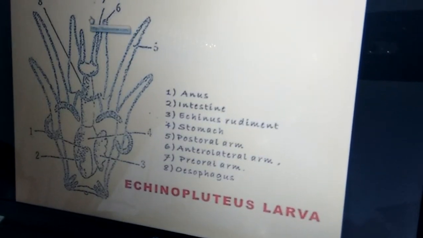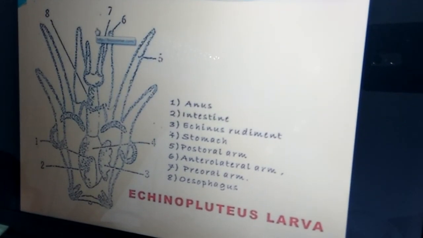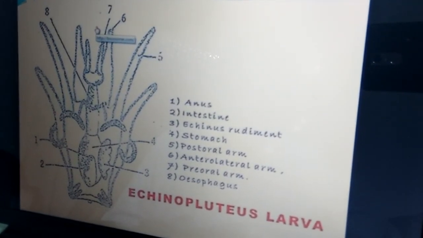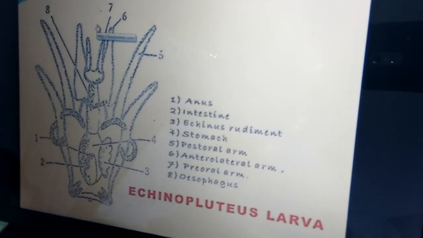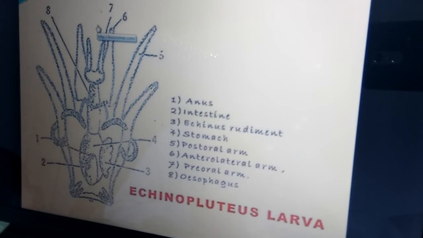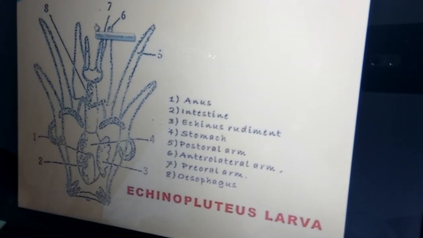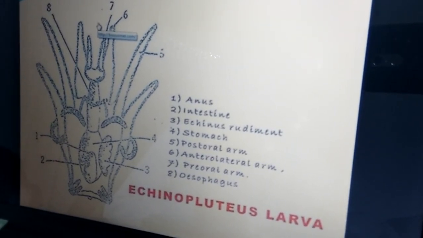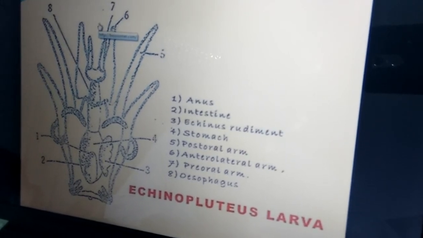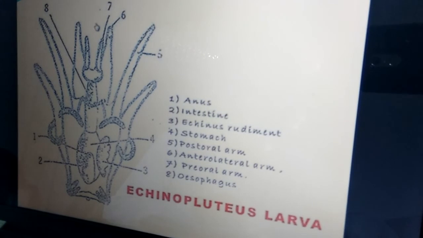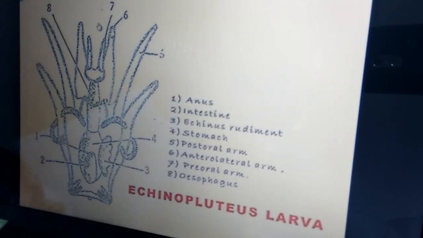Next larval form is the Echinopluteus larva. Echinopluteus larva is a microscopic free-swimming larva of the class Echinoidea. This larva shows ciliated bands which are developed into arms. The fully developed larva consists of 6 pairs of arms supported by calcareous rods, and its tips are pigmented. Posterolateral arms are very short and directed outward or backward.